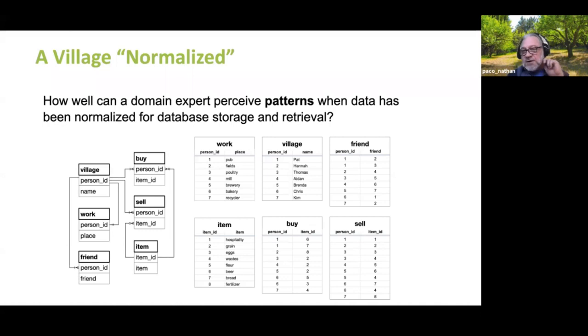So that's an important point, is that data representation, there are reasons why we do normalization for relational databases. And a lot of that has to do with fast storage and retrieval, fast query. But that does not necessarily represent the sum total of what we need to use data, how we need to use data.